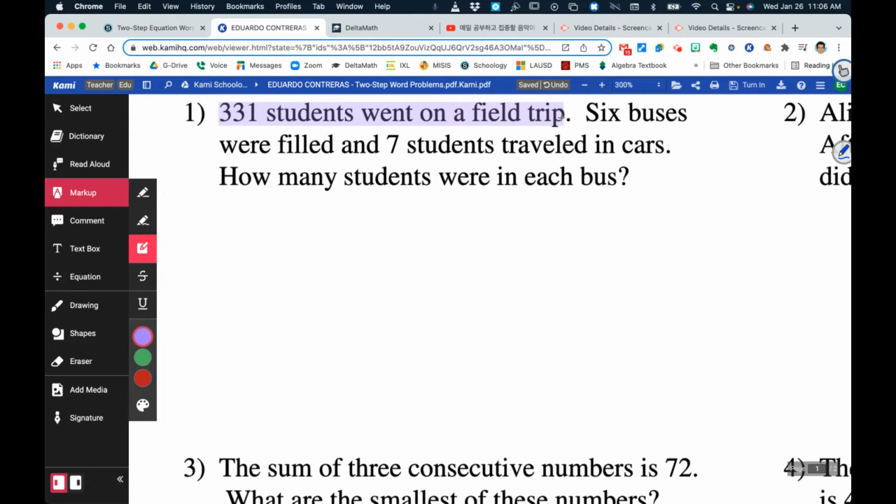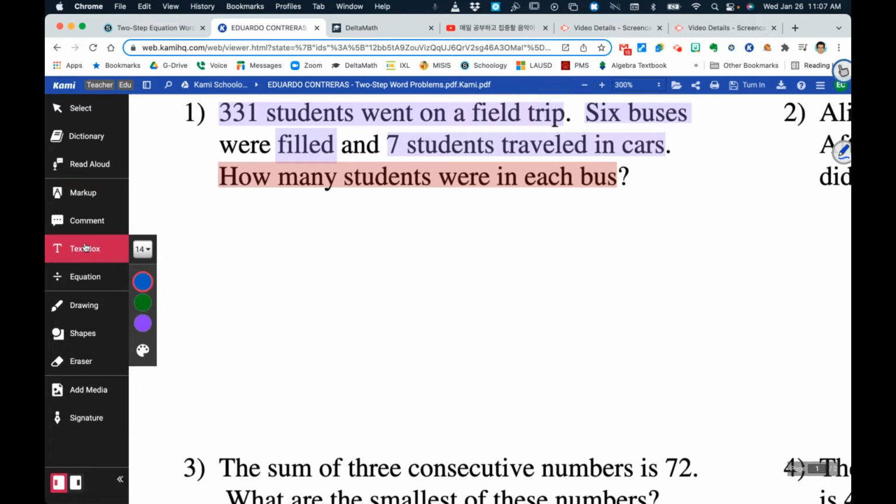What's another fact I'm going to need? 6 buses were filled, and 7 traveled separately in cars. And then I'll change the color. This is what we need to answer: how many students were in each bus?